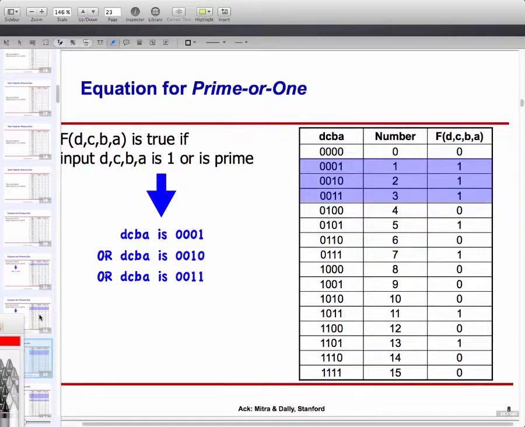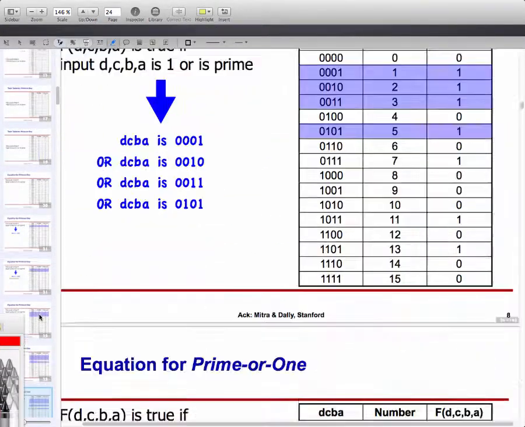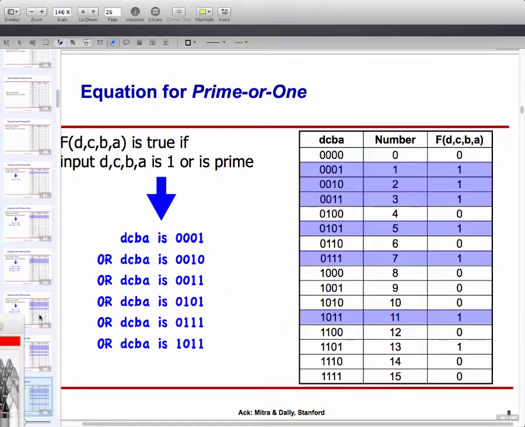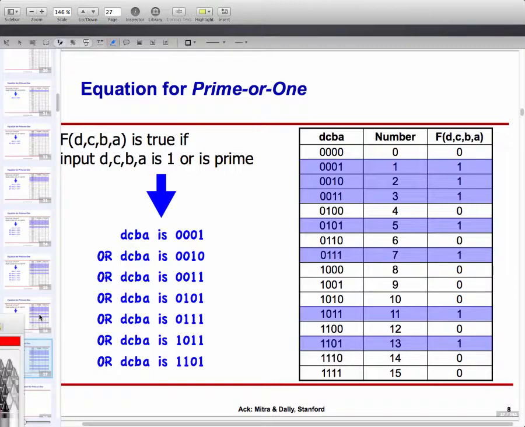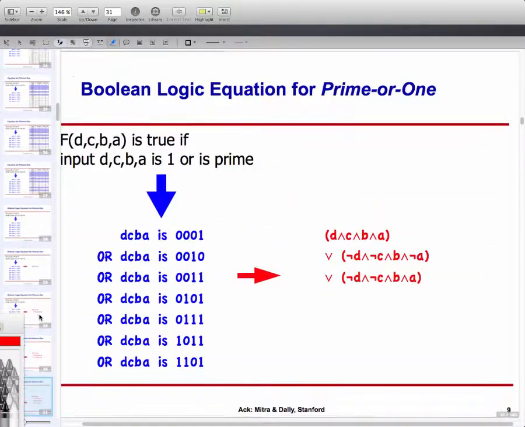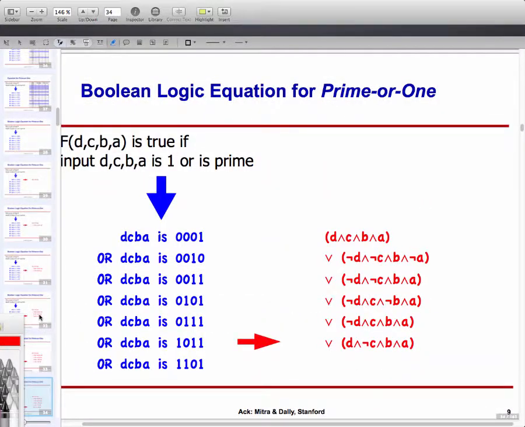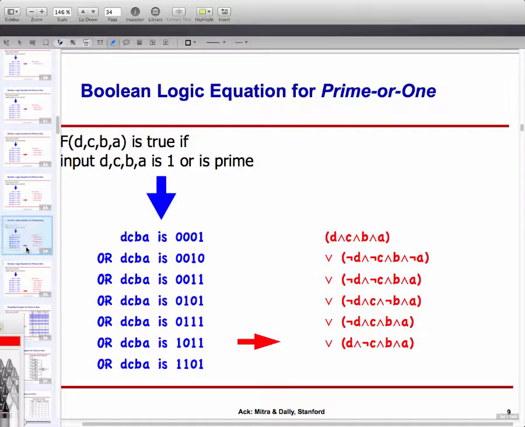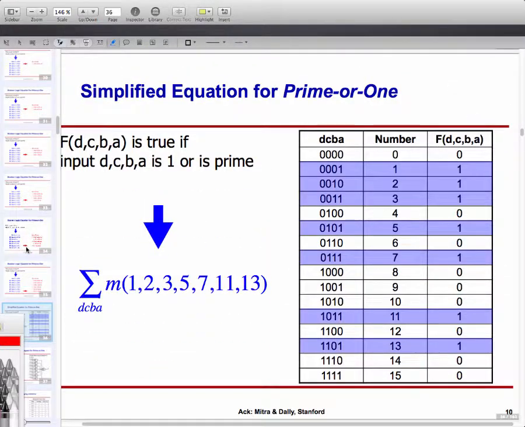We can list all the rows where it is 1, and these are the ones, and we can then make the minterms corresponding to that. And then we can write it as minterms. This is a notation that you will often see used in the book.